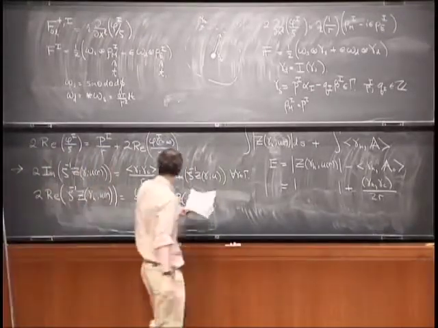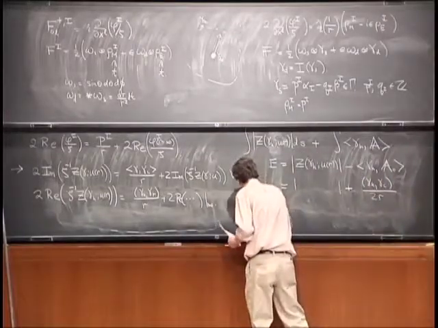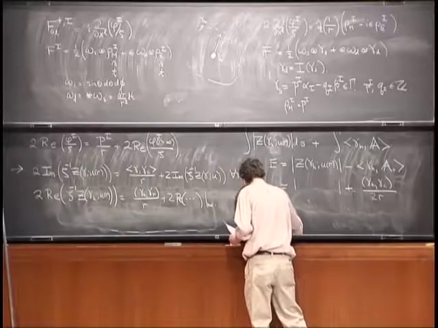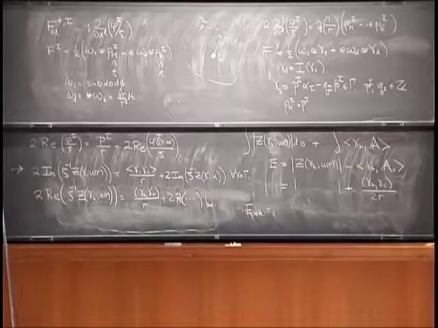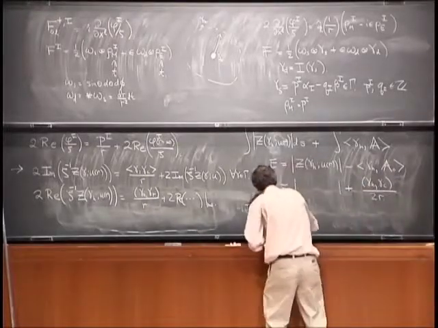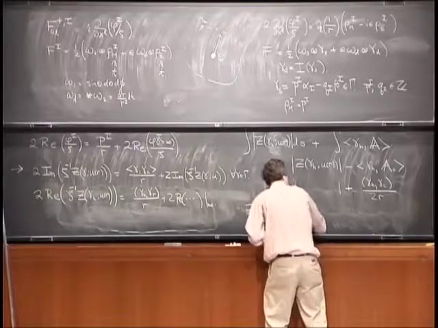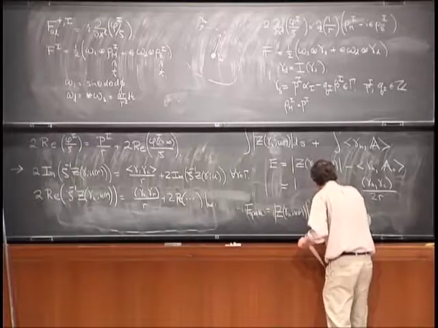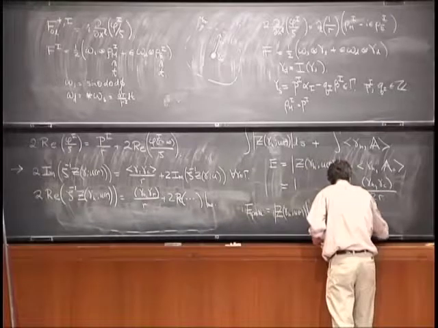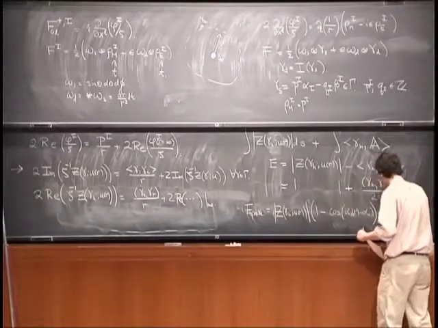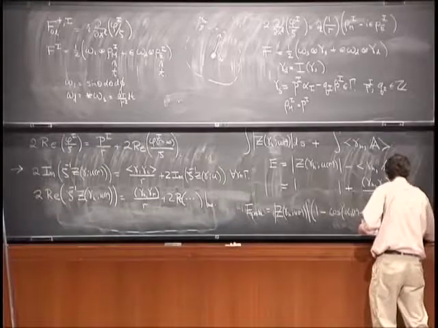So now we can solve for this. And so we get that the energy of the probe particle is the position-dependent mass times, well, you can do this in your head, 1 minus the cosine of alpha h of r minus alpha c, and then a constant at infinity, minus the real part of z gamma h of u over zeta.